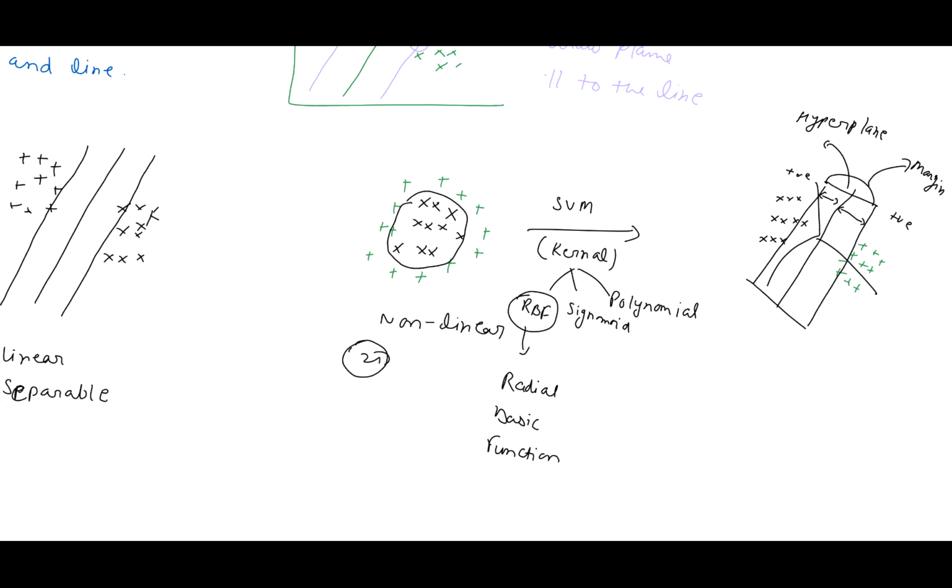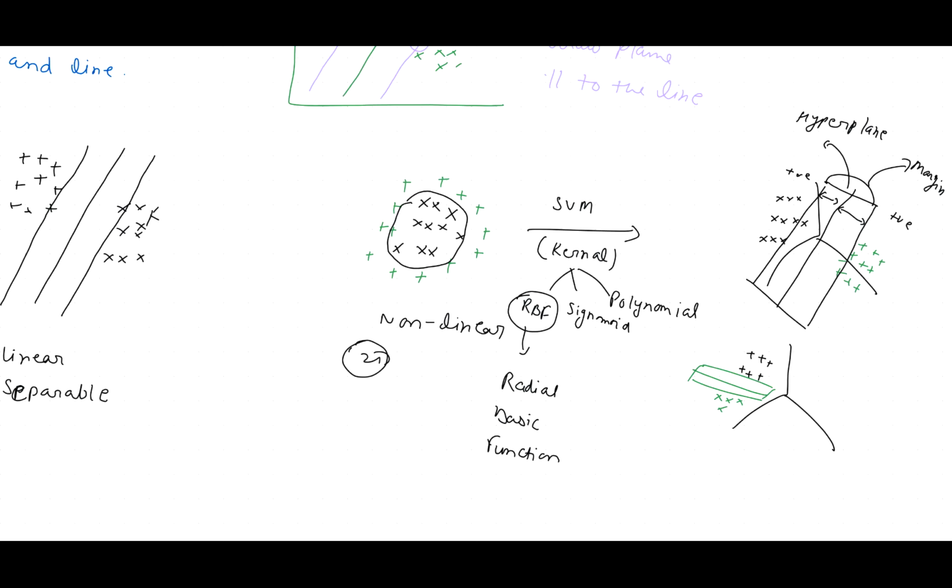All data points might lie in this portion too. Then it will draw the hyperplane here, something like that. So this is a position. It depends on whether it is 2D, 3D, or maybe more than that.